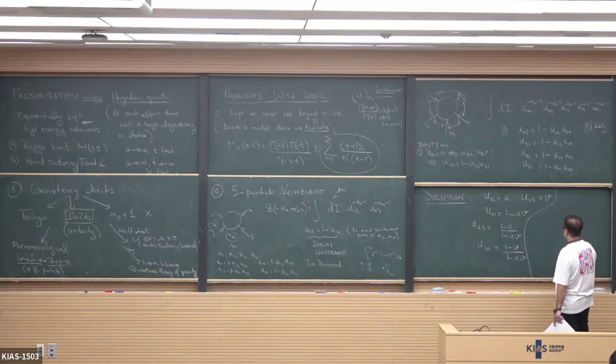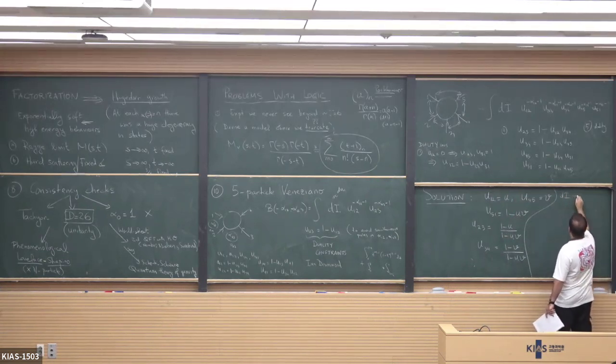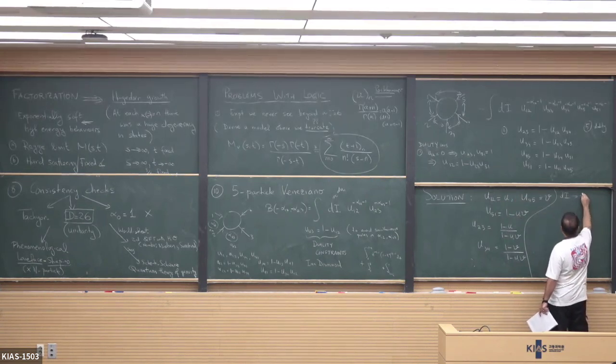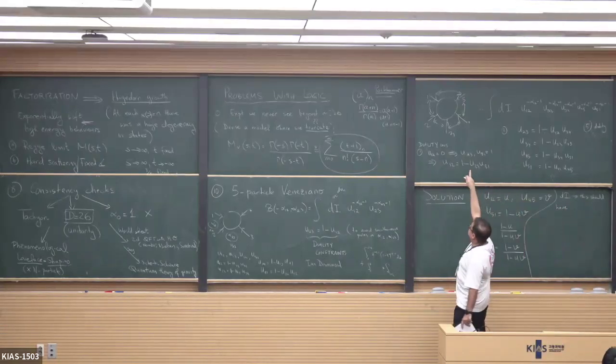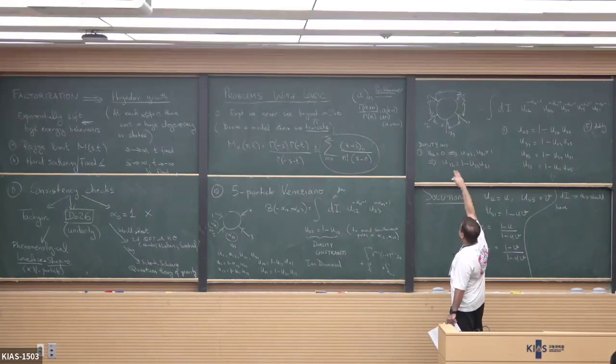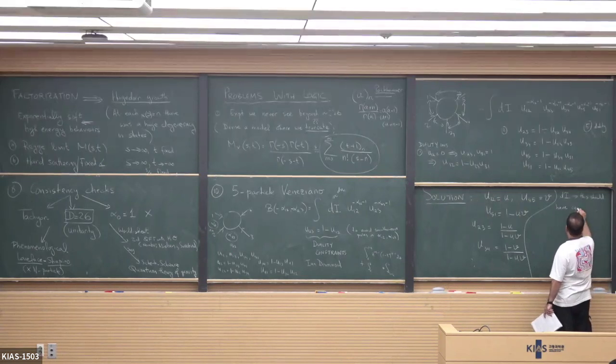So how do we write down the measure factor? The measure factor is fixed by demanding that this should have cyclic symmetry. Because my amplitude has cyclic symmetry, this is an amplitude that respects this color ordering, and should have cyclic symmetry.